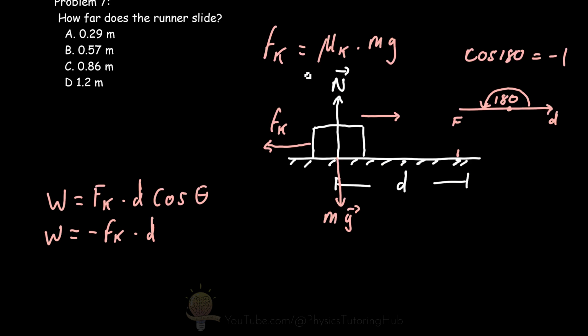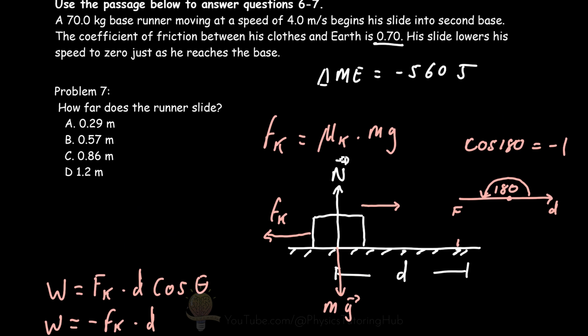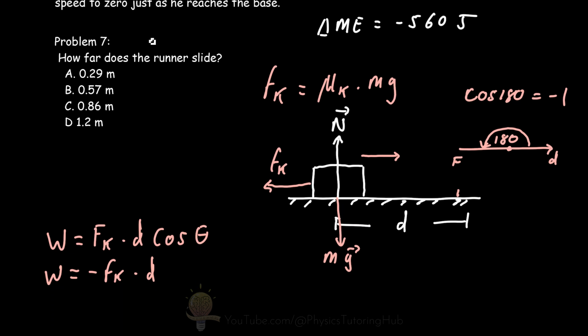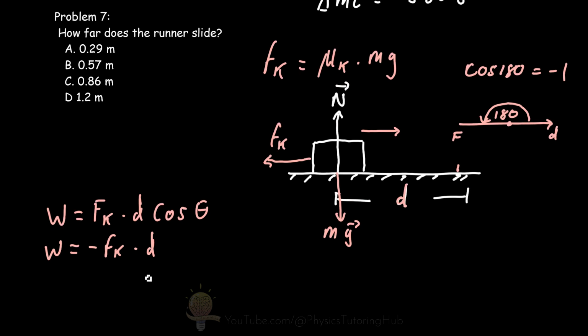We can work out the force of kinetic friction here as well, because we've got the coefficient of kinetic friction at 0.70, we know the acceleration due to gravity, and we know the mass of the base runner. What we're here to find out is how far the runner slides during this process, which is our distance d here. So we can rearrange this equation to make d the subject of the formula.